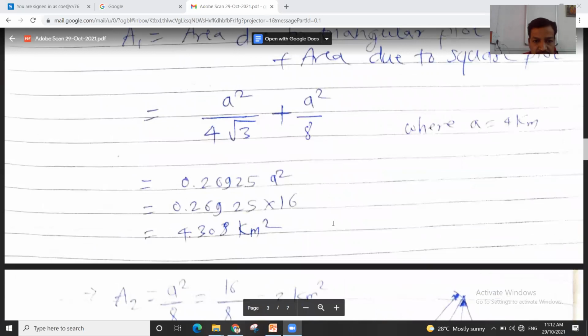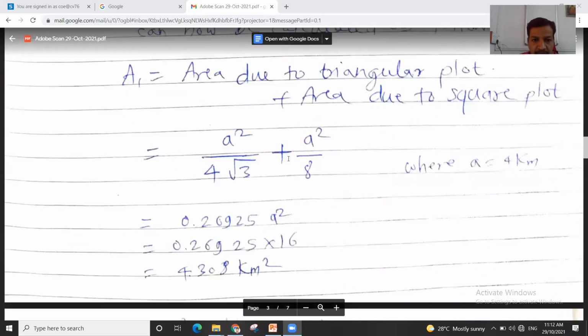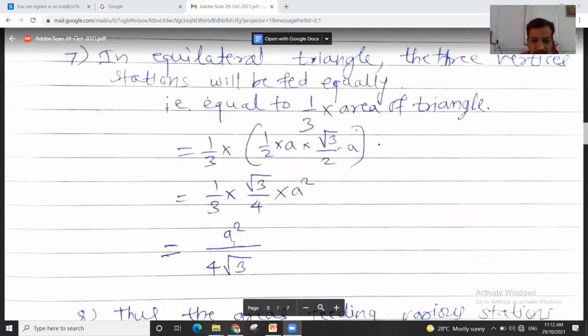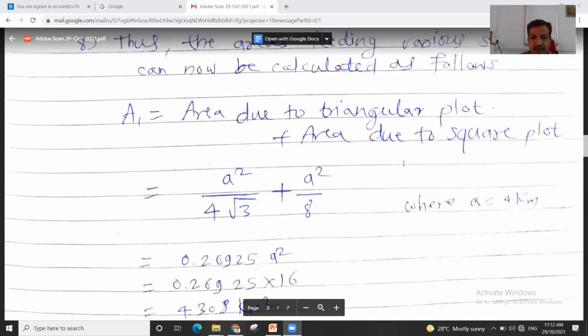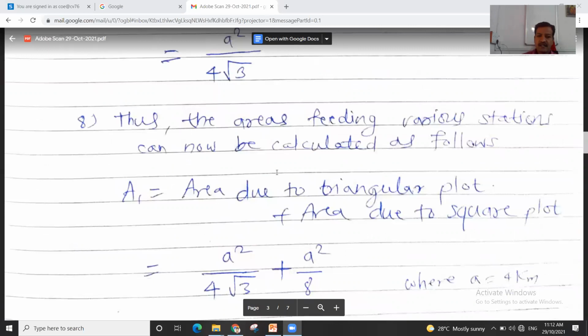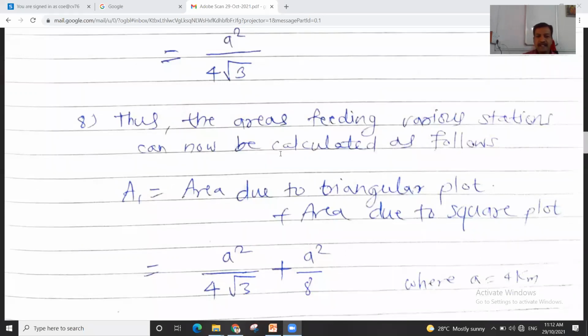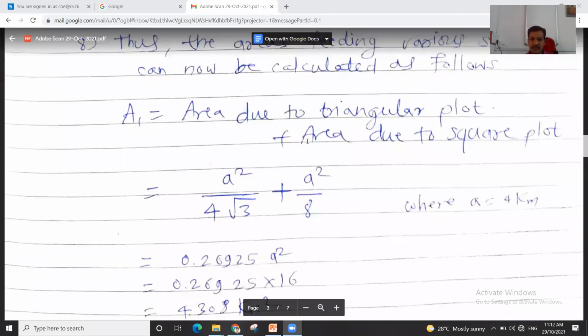Then we get the area of each triangle, solve केल्यानंतर काय मिळेल a² / 4 into √3. Then areas feeding various stations can now be calculated by adding the area of the triangular plot आणि area of the square plot, दोन्हीचे addition करायचे.